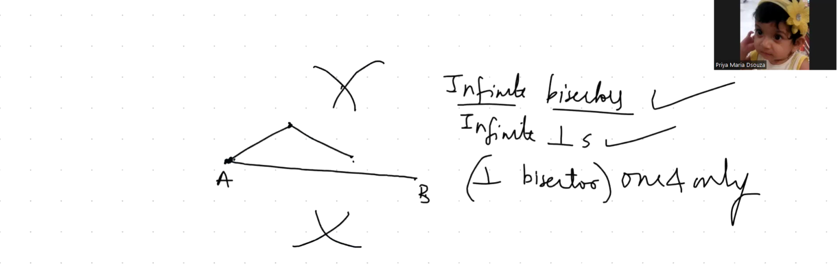And when you join the 2 points, the line that you get is a perpendicular bisector. So this is just the geometry part of it, but of course you can actually draw it and you can explore for yourself and see. So it'll have infinite bisectors, infinite perpendiculars, but one and only one perpendicular bisector. One perpendicular bisector is one and only one. Okay.